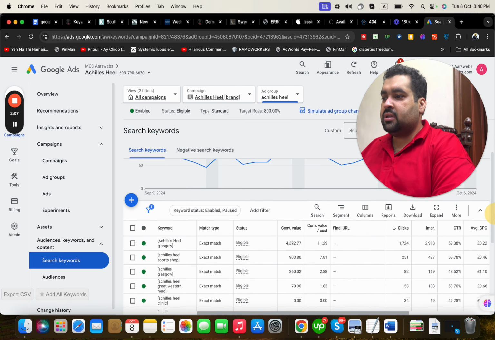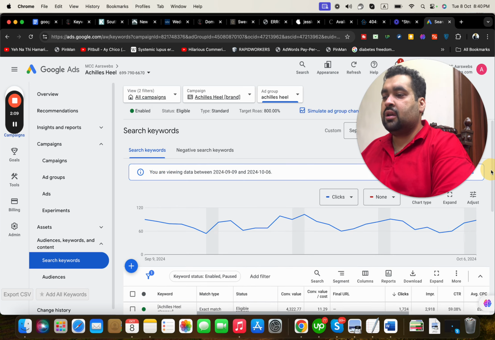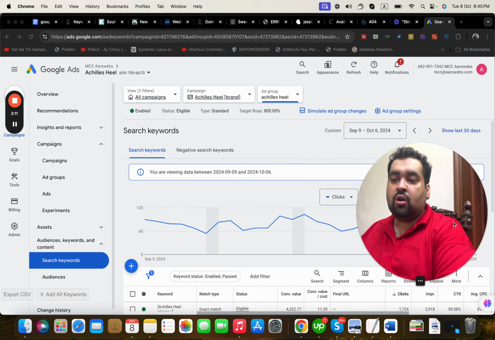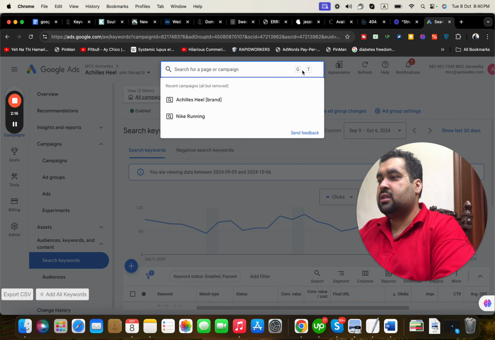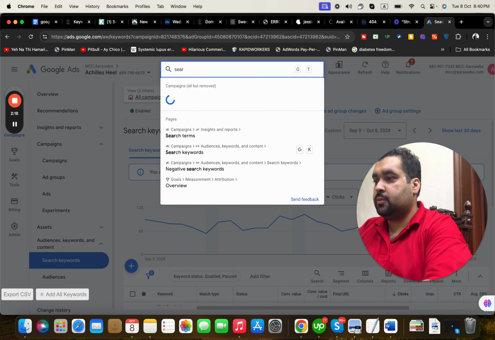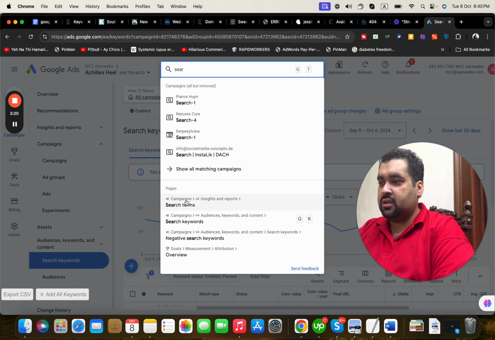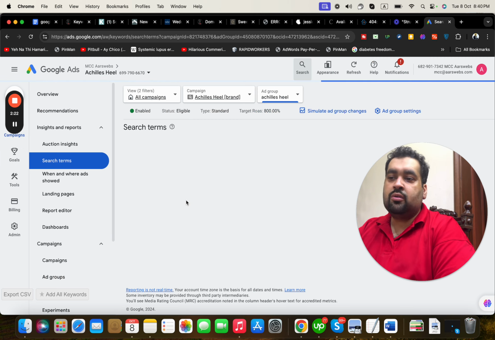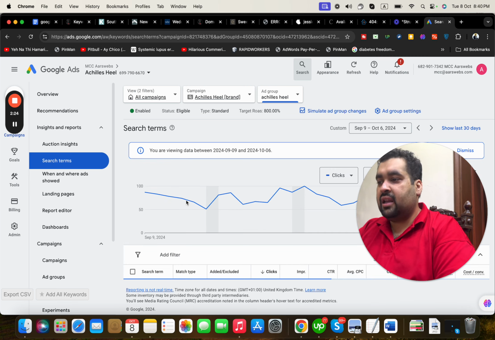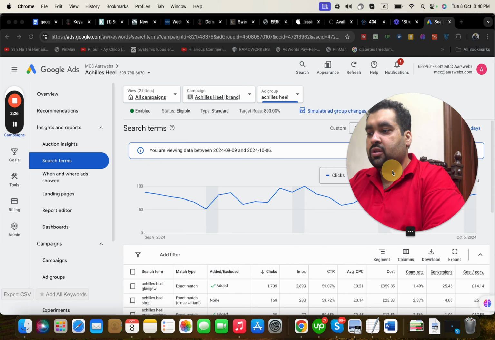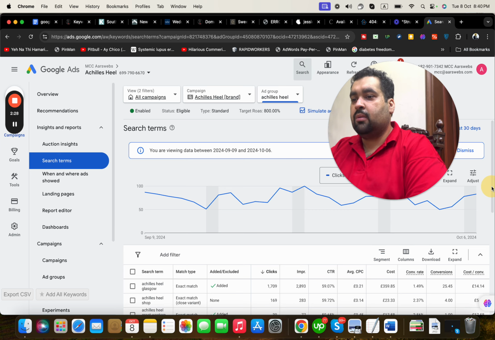And what happens is that although this is exact match, not all of them are being shown over here. What you have to do is simply go to search and search over here search terms. You can see over here search terms. When you see the search terms, these are the actual real queries through which people are clicking and coming on your page.